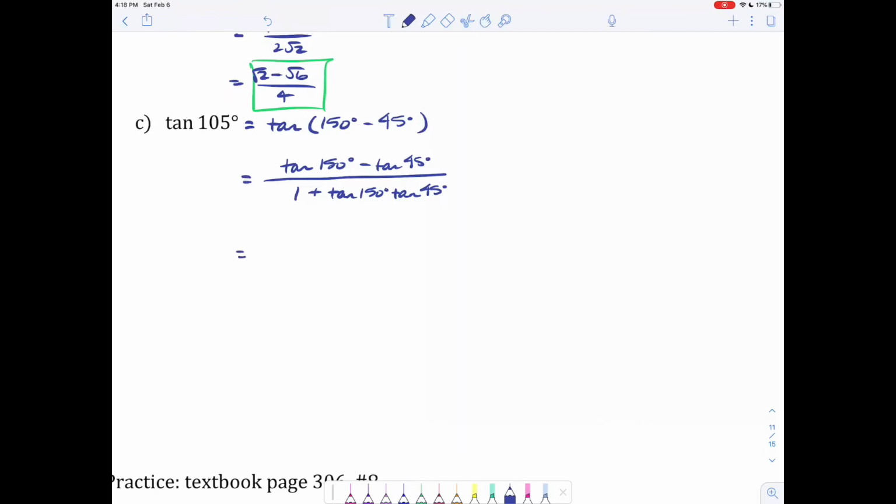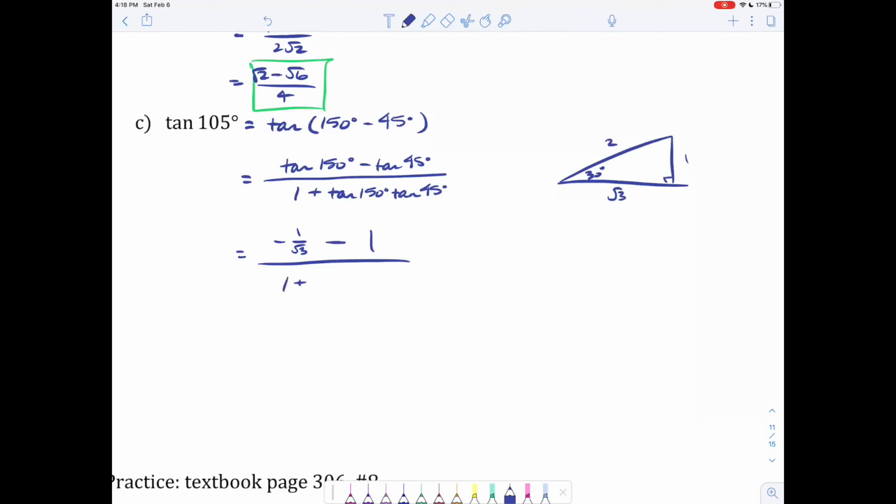Tan of 150 is related to a 30-degree angle: 1, 2, root 3. So tan of 150 will be negative. It's quadrant 2. That's negative 1 over root 3. Tan of 45 is just 1. That's all I really needed.